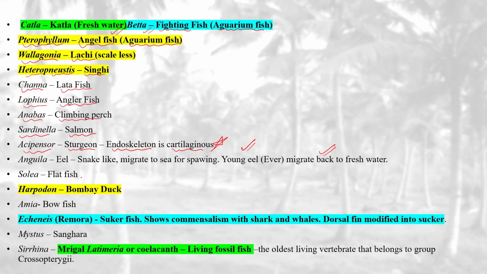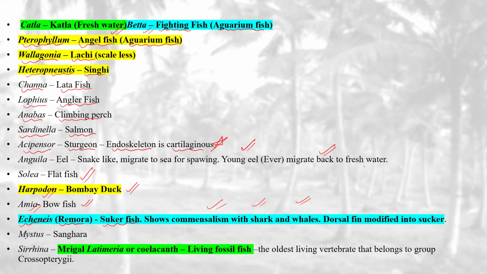Solea is a flatfish, common name flatfish. Bombay duck, a bony fish, is also known as Harpodon. Echeneis, also known as remora, is the suckerfish. Having a sucker, it shows commensalism with sharks and whales.